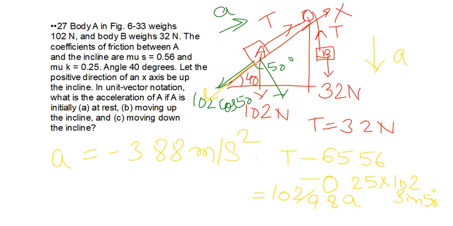So we have marked the acceleration along the positive x direction and it is coming negative. That means it is along down the incline plane.